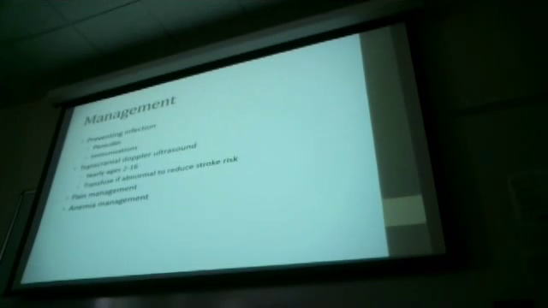Okay, so how do we manage sickle cell disease in the U.S.? Well, first and foremost, you got to prevent infection. So a lot of these patients are on long-term penicillin. Some physicians, after a certain age, like age 5 or 6, if they don't have really severe sickle cell disease, they have thalassemia minor, something like that, may choose to stop the penicillin.